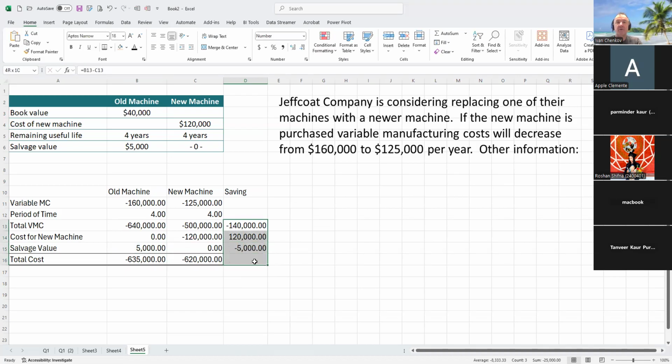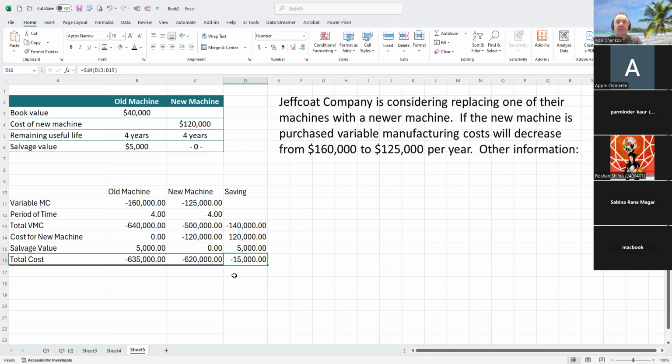So the difference should be 15,000. Why is it 15,000? Oh, if I keep the old machine, I can still sell it for $5,000 later. At the end of the useful life, I can still sell it.